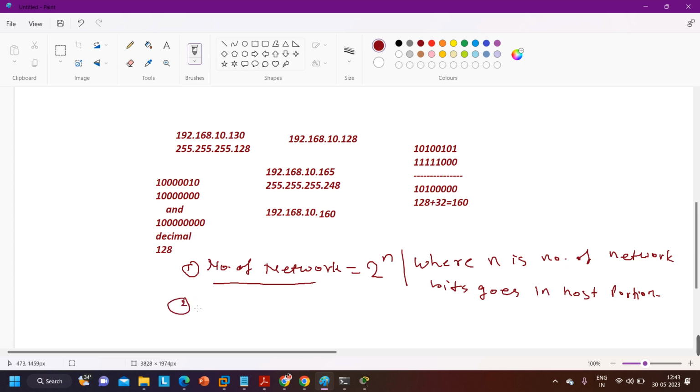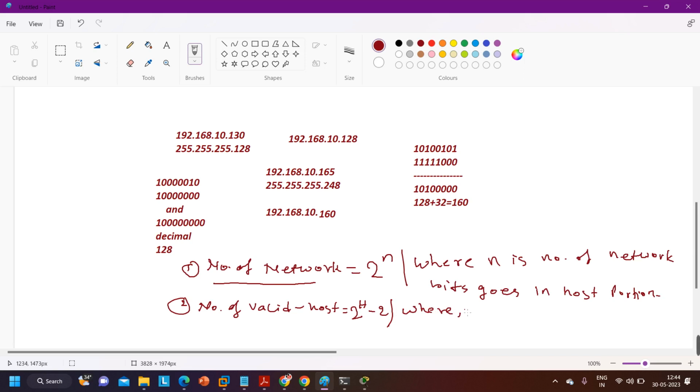Second formula is the number of valid hosts, which is equal to 2 to the power h minus 2, where h is the host bits. This is different from the number of available hosts.